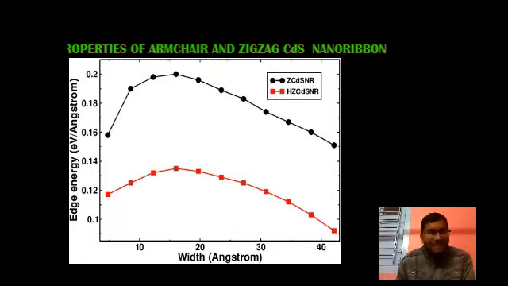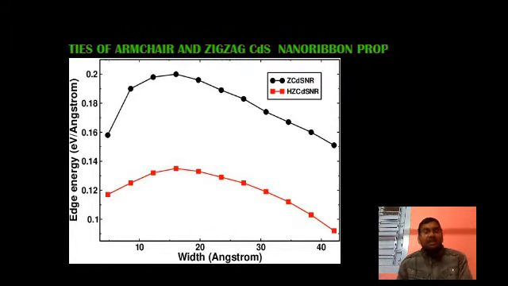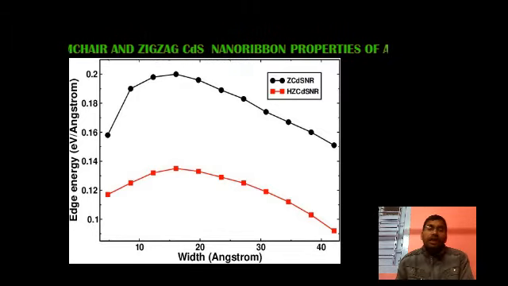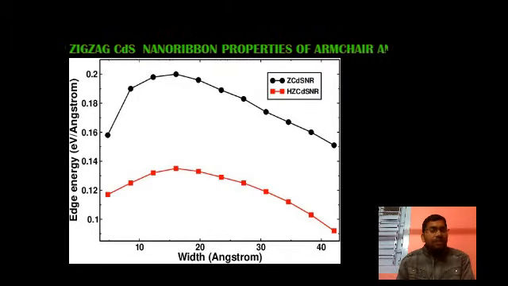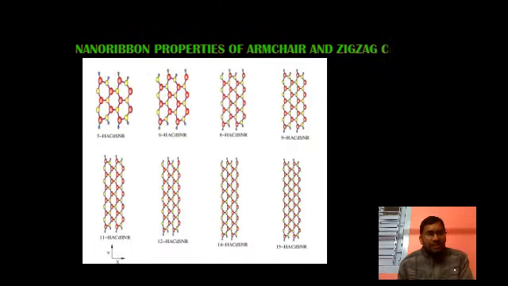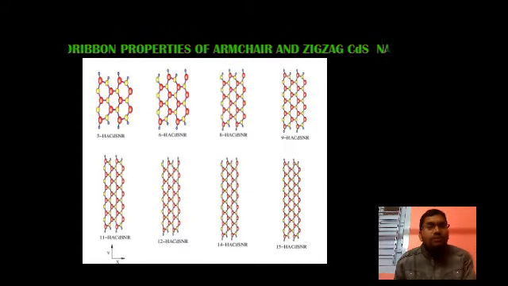This is for the zigzag type. Here also we can see that edge energy decreases with increasing width, and also with hydrogen passivation the edges become more stable.